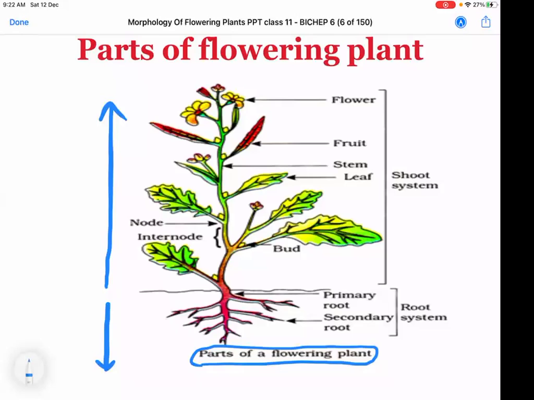Now, the part which is under the soil is known as the root system, and the part which is above the ground is the shoot system.